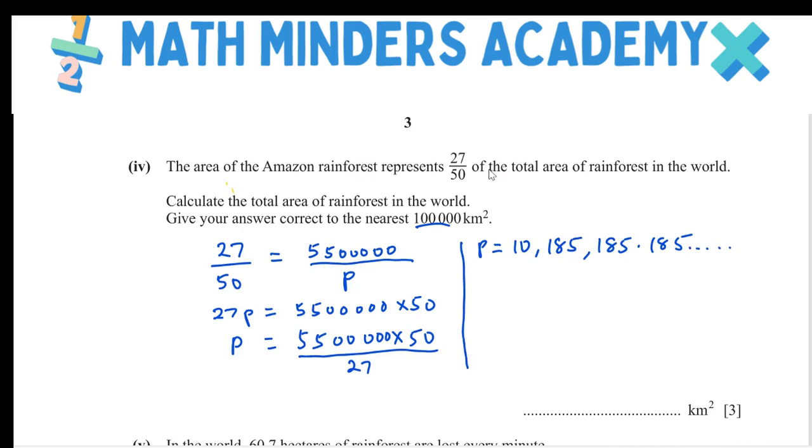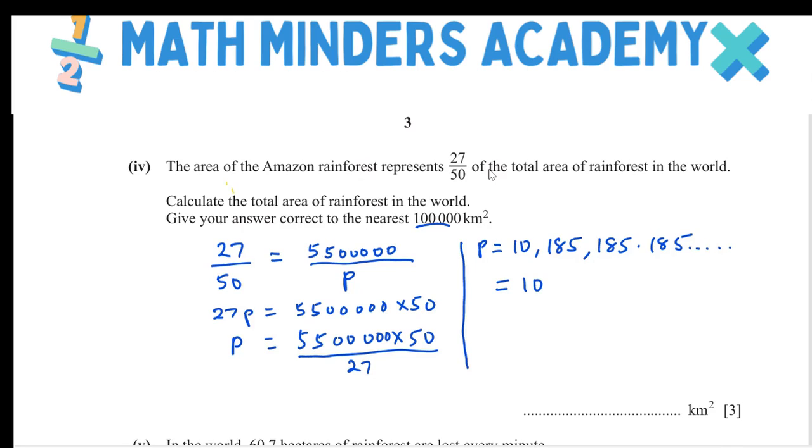So to the nearest 100,000, if you look at it, we have 10,185,000, which is close enough to 200,000. We are going to approximate upward. So this 185 becomes 200 because it's closer to 200 than to 100.